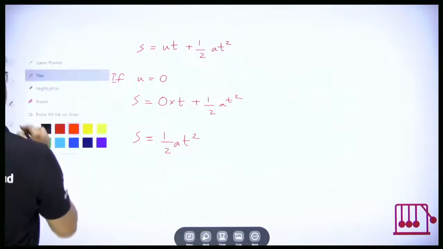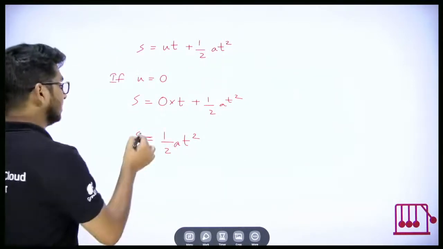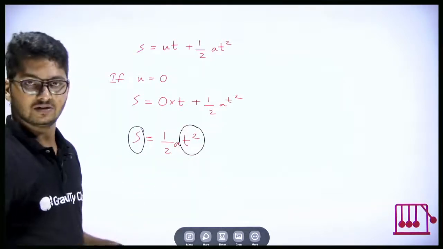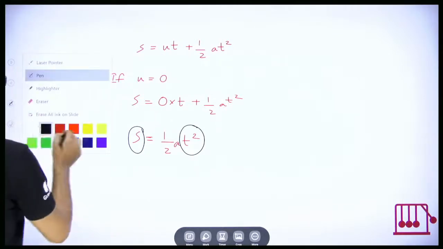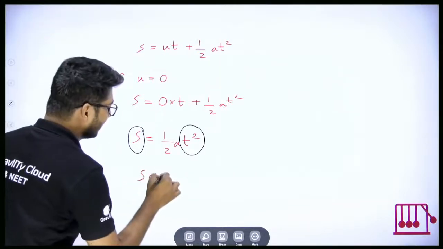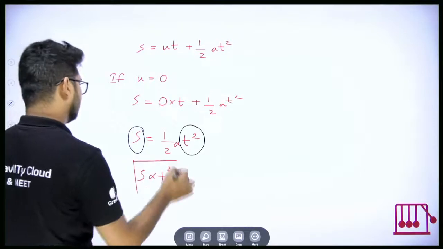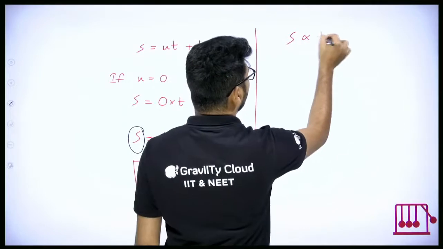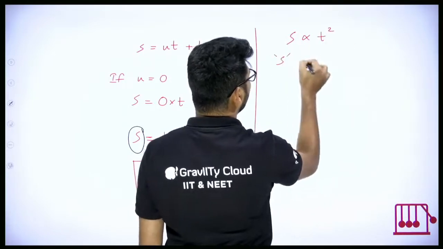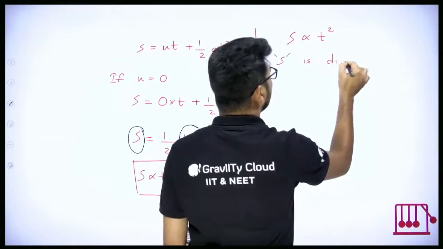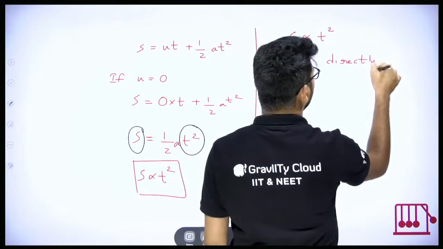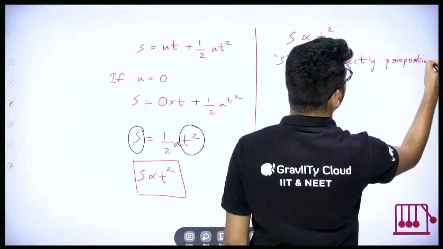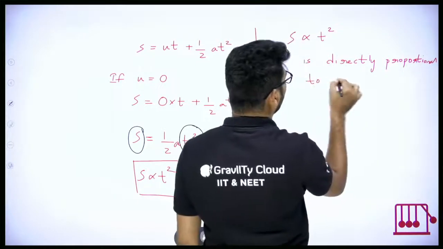Now if you look at this, this is the equation we need, because in this equation, S is directly depending on t square. Do you know how we write this down? We write it as S is directly proportional to t square. I'll even write down the statement: S, displacement, is directly proportional to square of time.